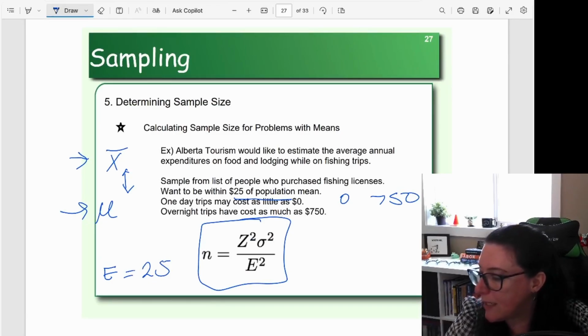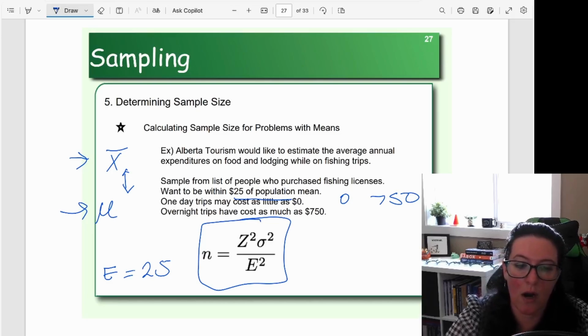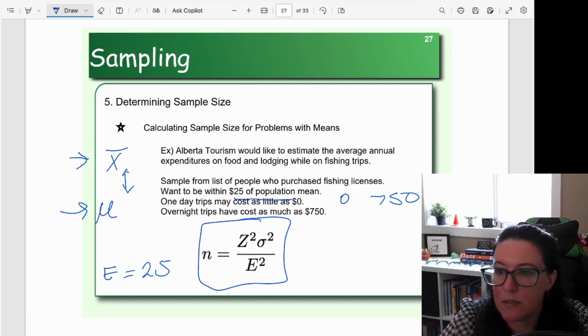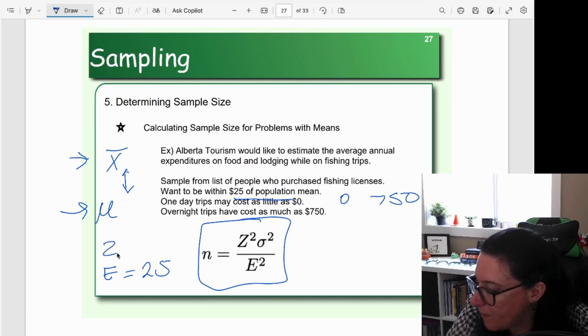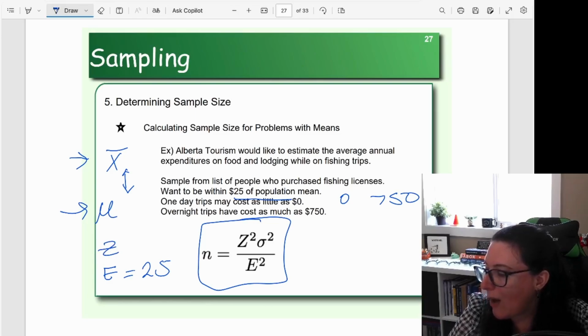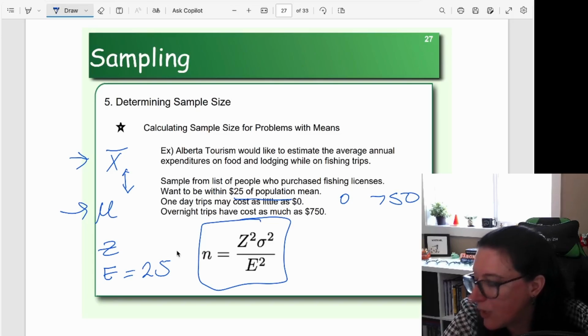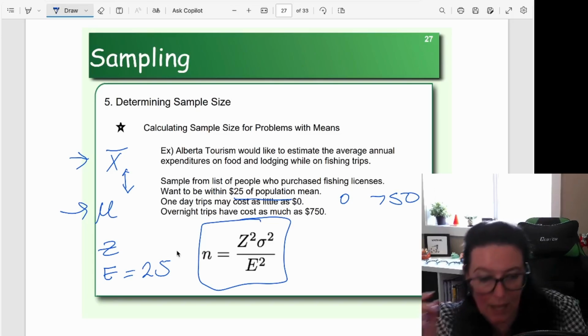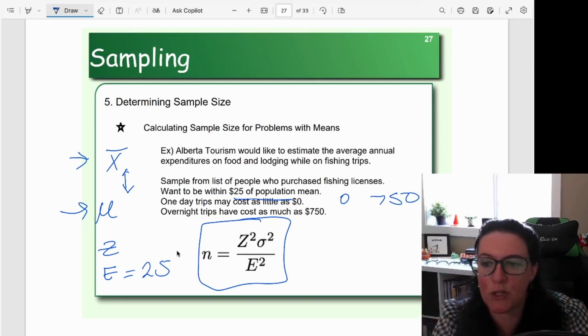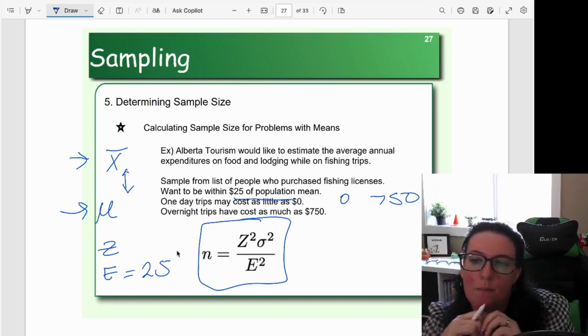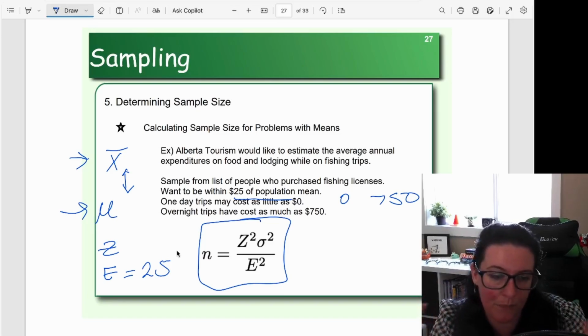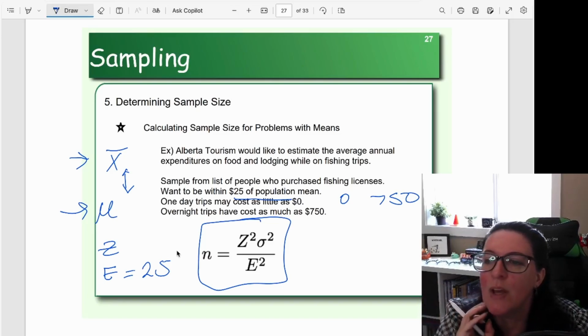Then we're going to need to find our Z number. So how confident do we need to be? When it comes to our confidence level, we can be confident that we have the right information 95% of the time, 99% of the time, 68% of the time.